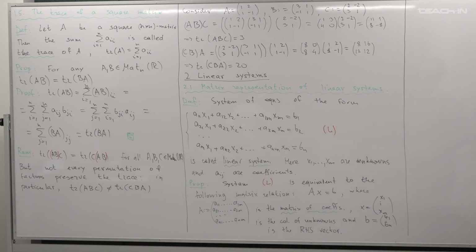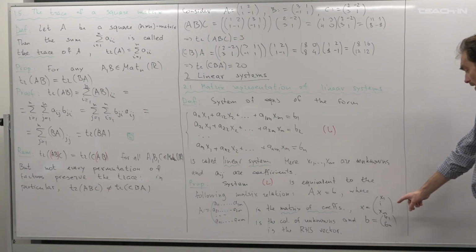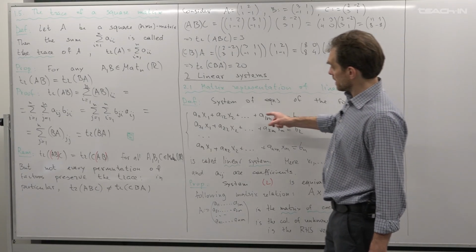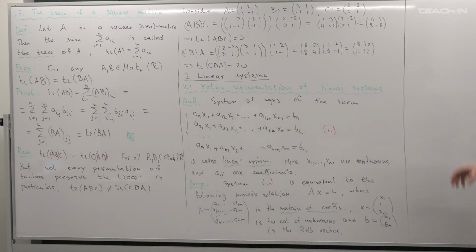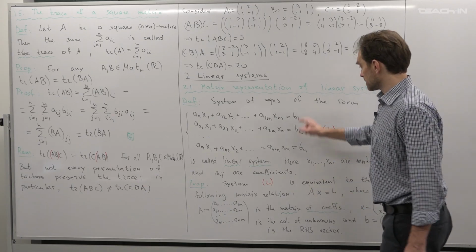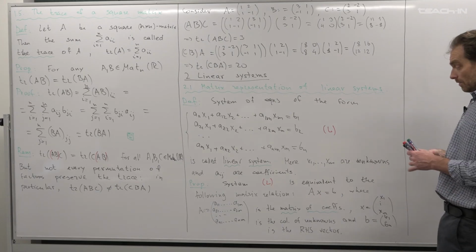When we multiply a matrix with n rows and m columns by a column vector, we get a column vector whose entries are computed exactly in this way. So this means that the product of these two matrices is equal to the column vector that is in the right-hand side. So this is more or less obvious.